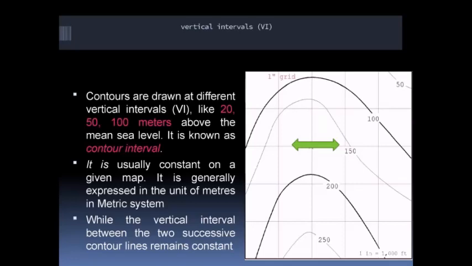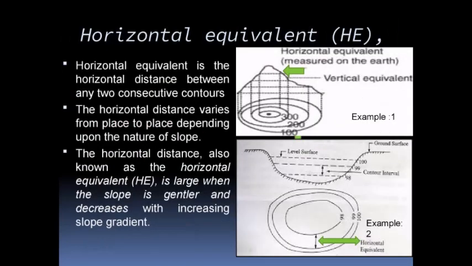Depending upon the map, the contour interval may be 200 meters, 50 meters or 100 meters above mean sea level. It is usually constant on a given map and is expressed in meters in the metric system. Similarly, the vertical interval between two successive contour lines remains constant.